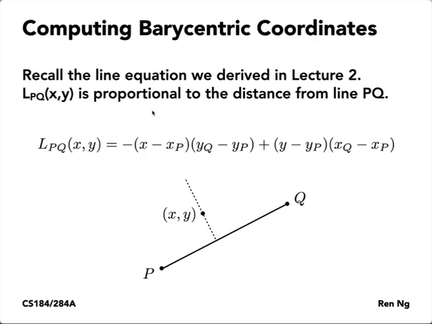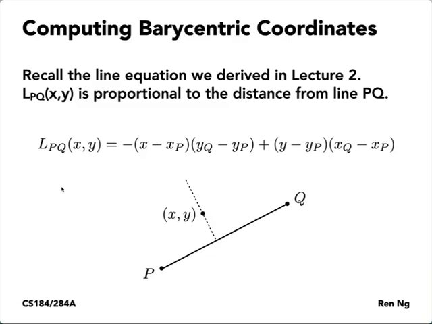But in particular, what it represented was a value that was proportional to the distance of xy to the line PQ. Okay, so LPQ of xy had this form. This is just copied from lecture 2 using xp, yp, xq, and yq, for the coordinates of p and q.